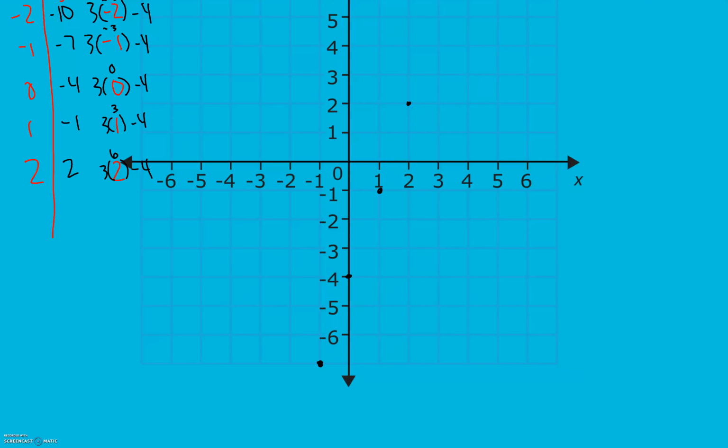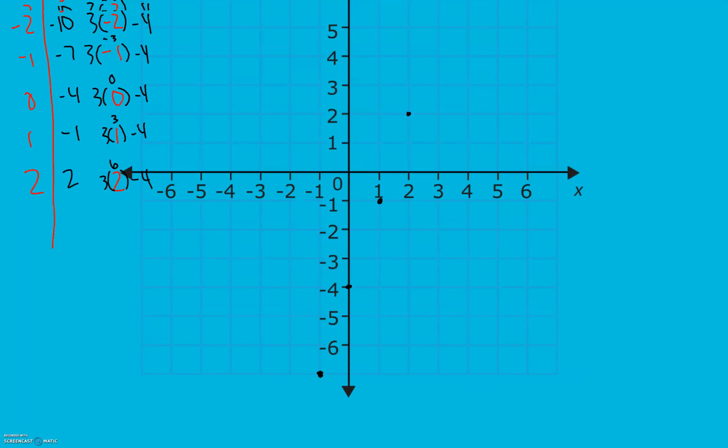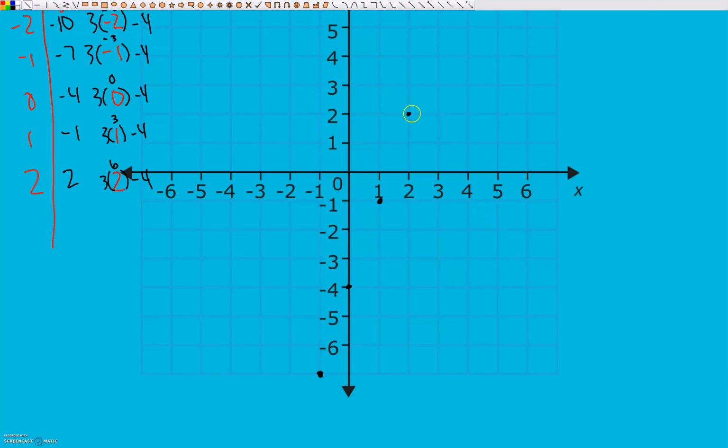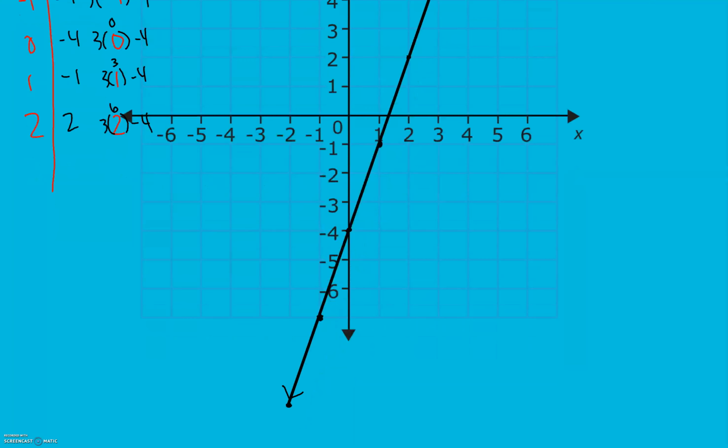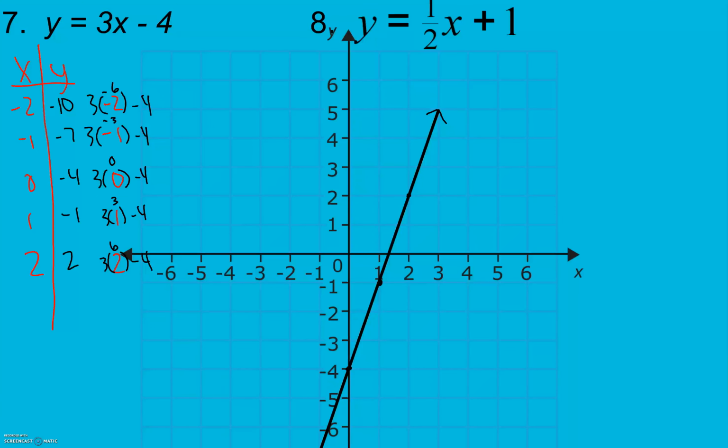Here we'll draw on our line with our straight edge. And then make sure we put arrows. Here I got through that point. Arrows to show it continues.